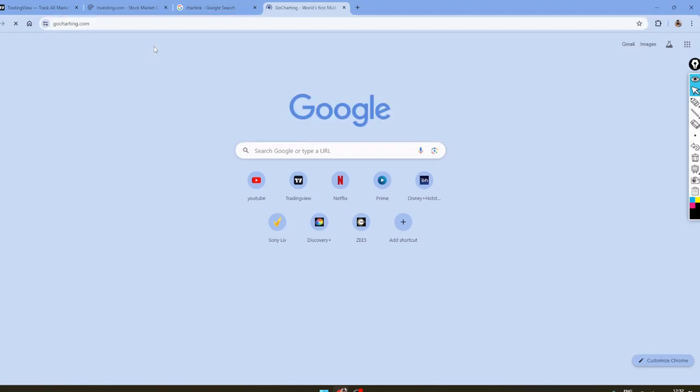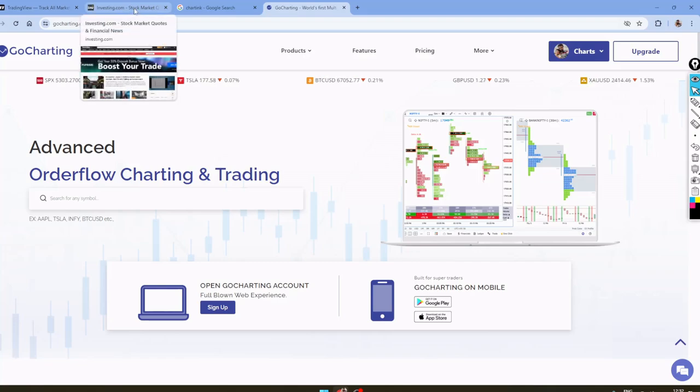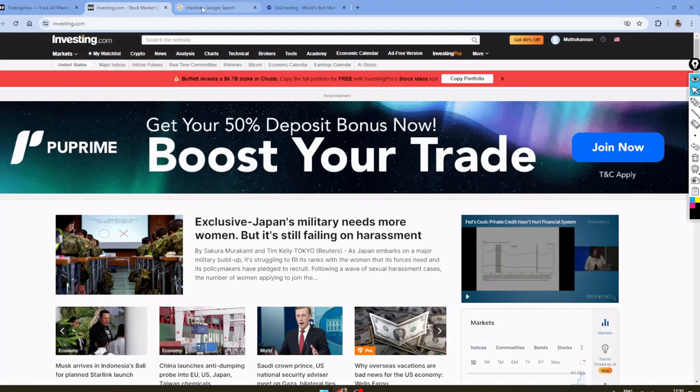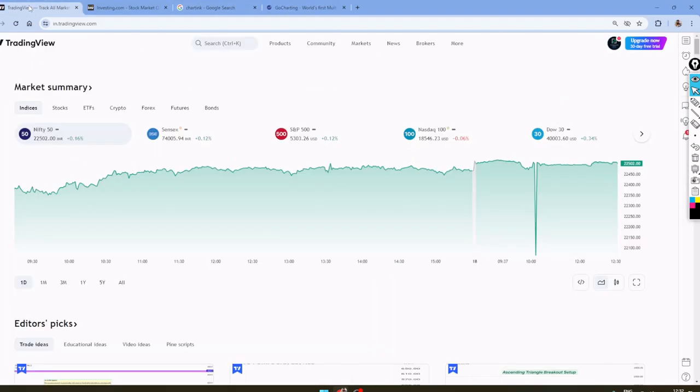They provide the data for the user to analyze and take a trade based on the analysis. So investing.com, Go Charting, TradingView, and more websites, even including MetaTrader and including your broker terminal.